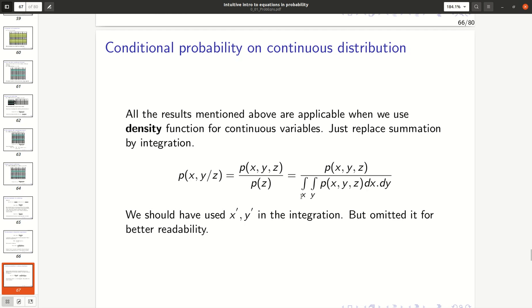Here, for better readability, I did not indicate x and y by x dash y dash, but it should be understood from the context that in the denominator this xy is not the same as what is there in the left-hand side or in the numerator. They are just integrating variables.